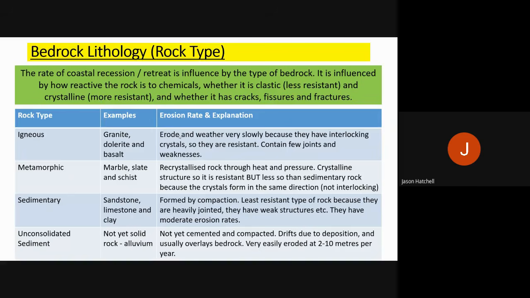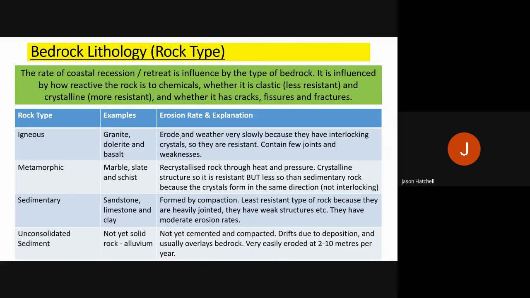Then we've got sedimentary rocks, and these are things like sandstones and limestones and clays. And these are formed by compression and compaction over millions of years. These are the least resistant type of rock because they are heavily jointed, so they have lots of joints and cracks in them, and they have weak structures.